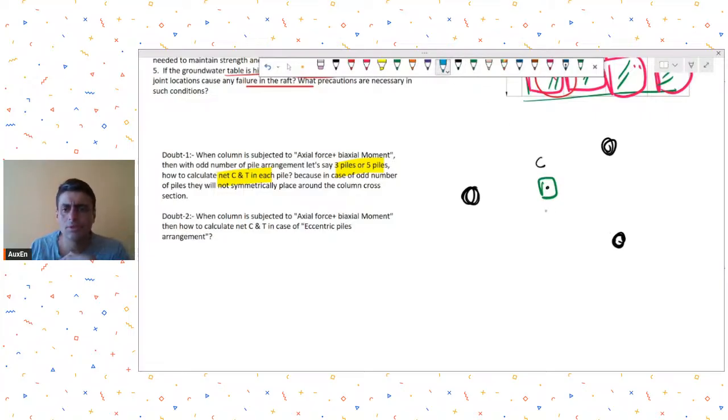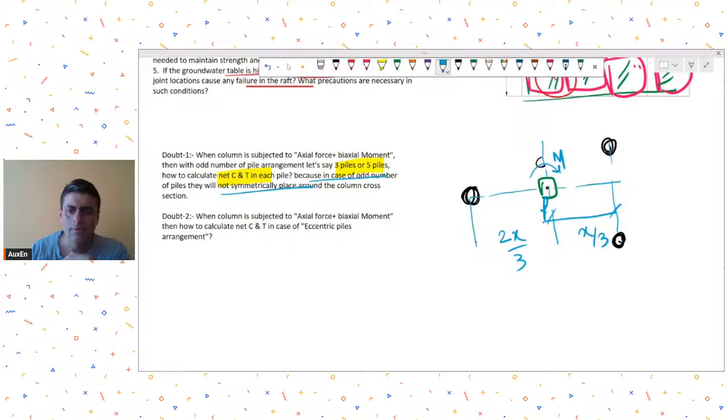So you can assume, let's say this column has an axial load of P, and about this axis a moment of M. Assuming that you are placing the piles at the centroid of this triangle, let's say this distance will be x by 3 and this distance will be 2x by 3, where this entire distance from here to here is x.